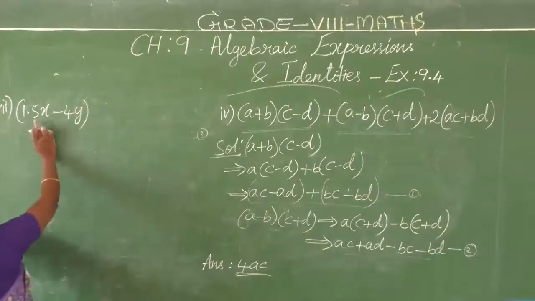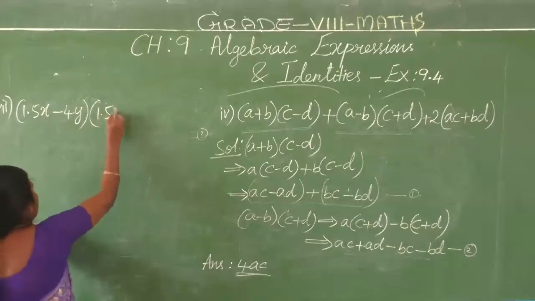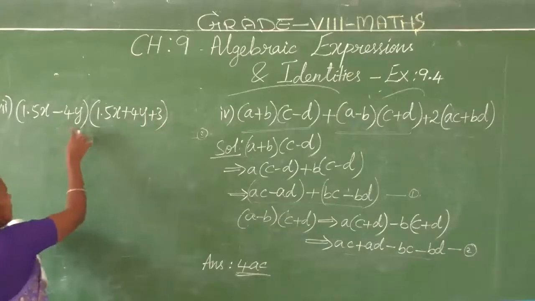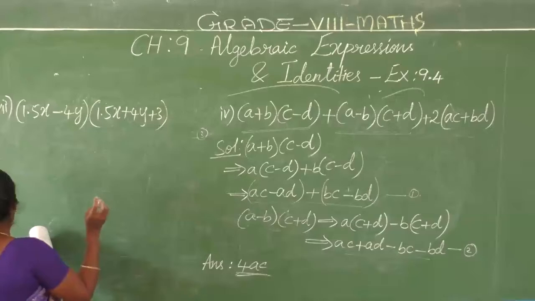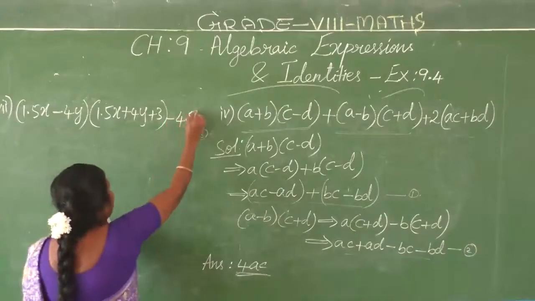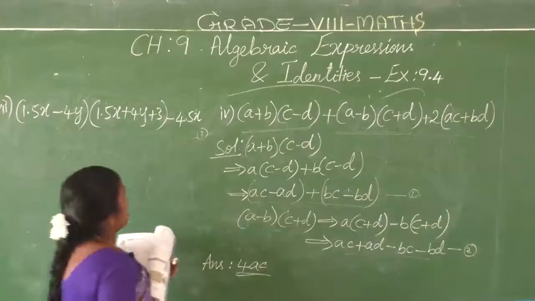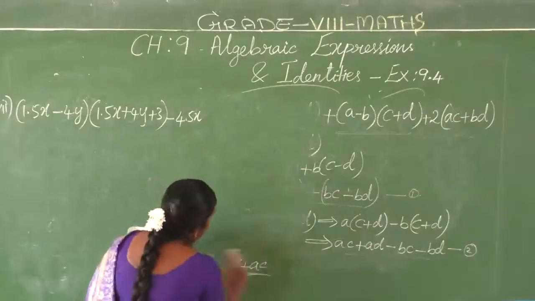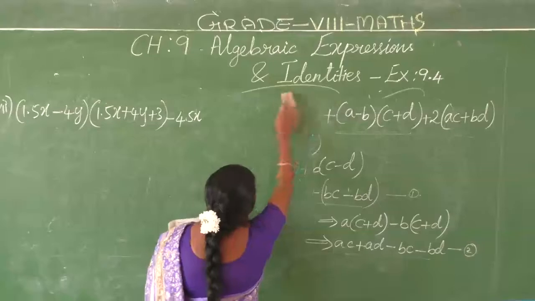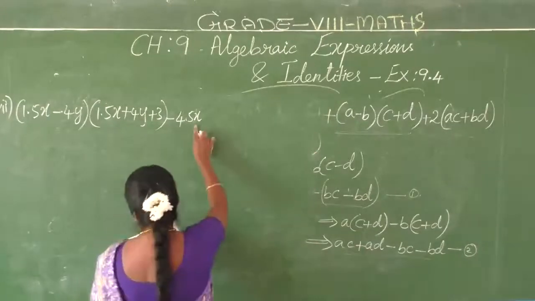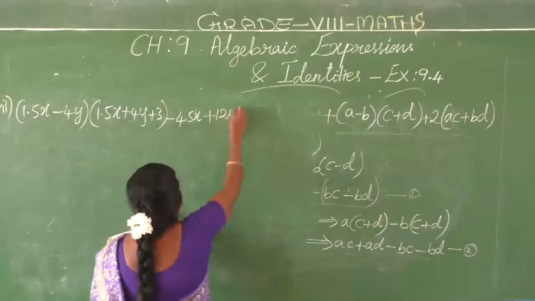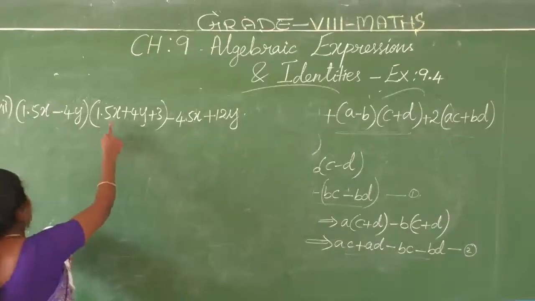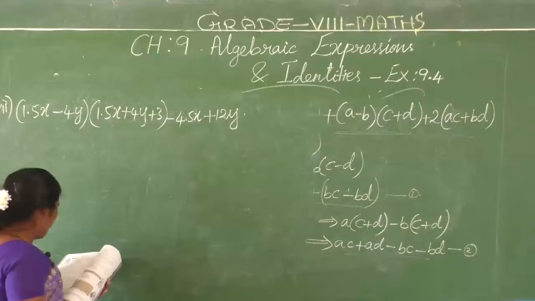Okay, 1.5x minus 4y into 1.5x plus 4y plus 3, binomial multiplied by trinomial. And then minus 4.5x plus 12y. Clear? 1.5x minus 4y into 1.5x plus 4y plus 3, minus 4.5x plus 12y.